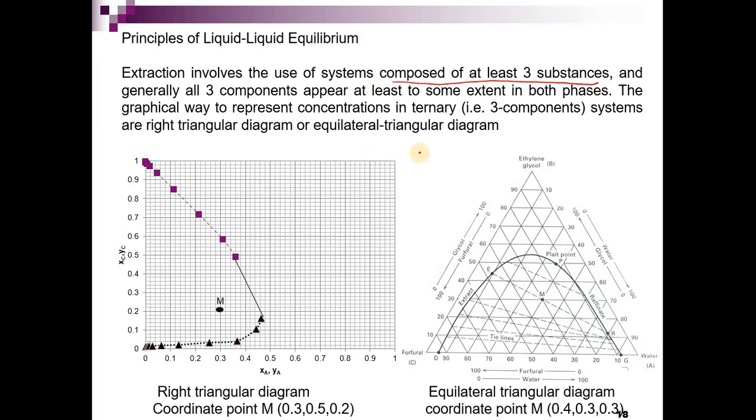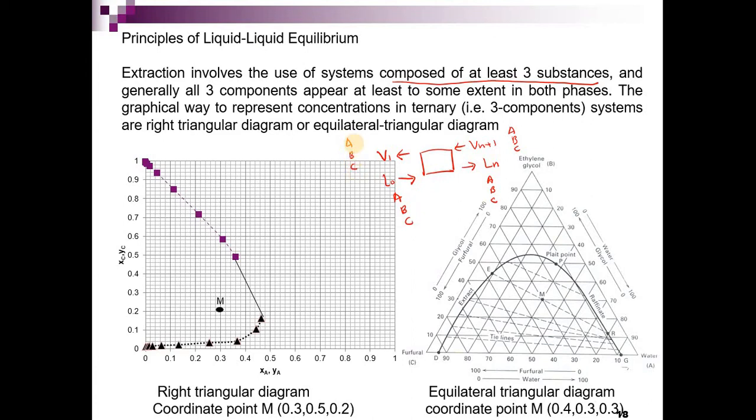So if I can draw for you here, this is the feed, we put L0, this is the raffinate Ln, this is Vn plus 1, the solvent, and the extract we put as V1. So in the whole system we have 3 components. We are considering 3 components: A, B, and C.